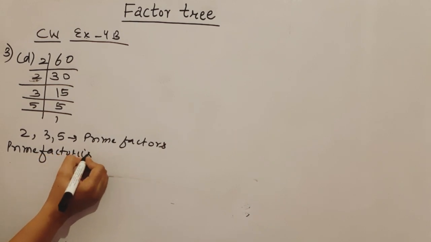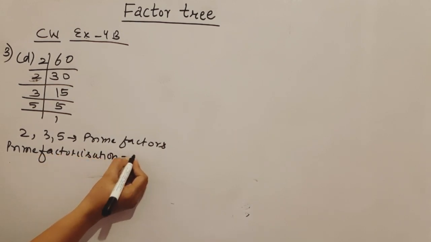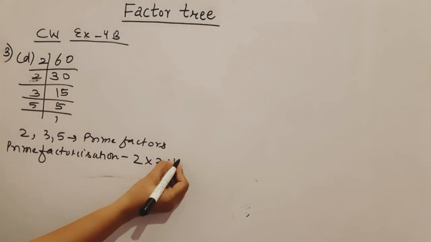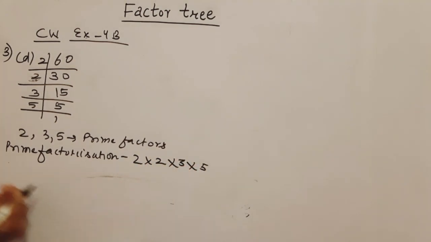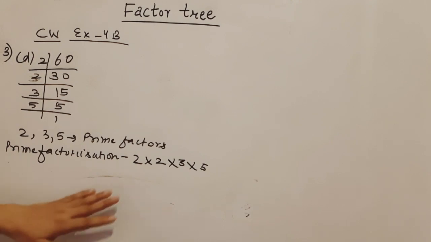The prime factorization is 2 multiplied by 2 multiplied by 3 multiplied by 5. Because when you are going to multiply all these numbers, the answer will be 60. That means the prime factorization which we have done is totally correct. Okay students, now the last question of this exercise I am going to solve, that is question number 4.